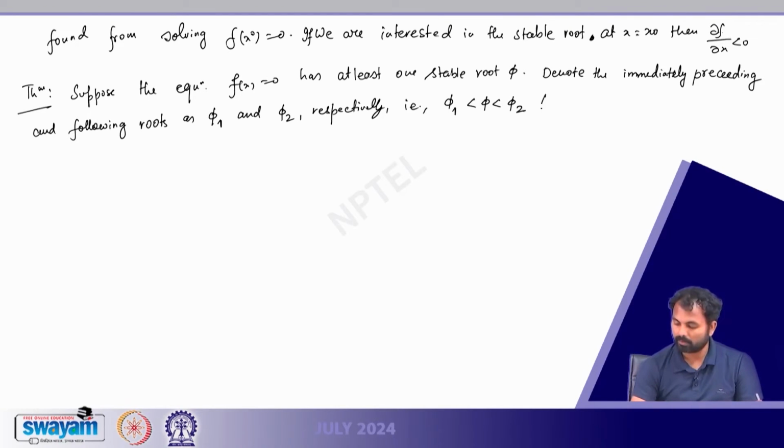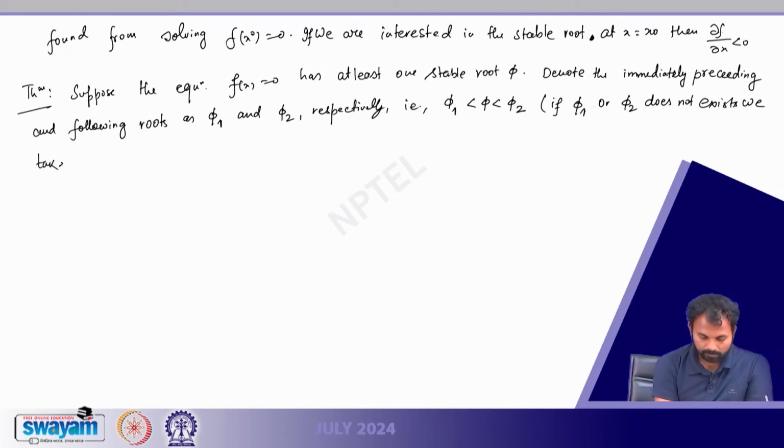If phi 1 or phi 2 does not exist, we take phi 1 equals minus infinity or phi 2 equals plus infinity.